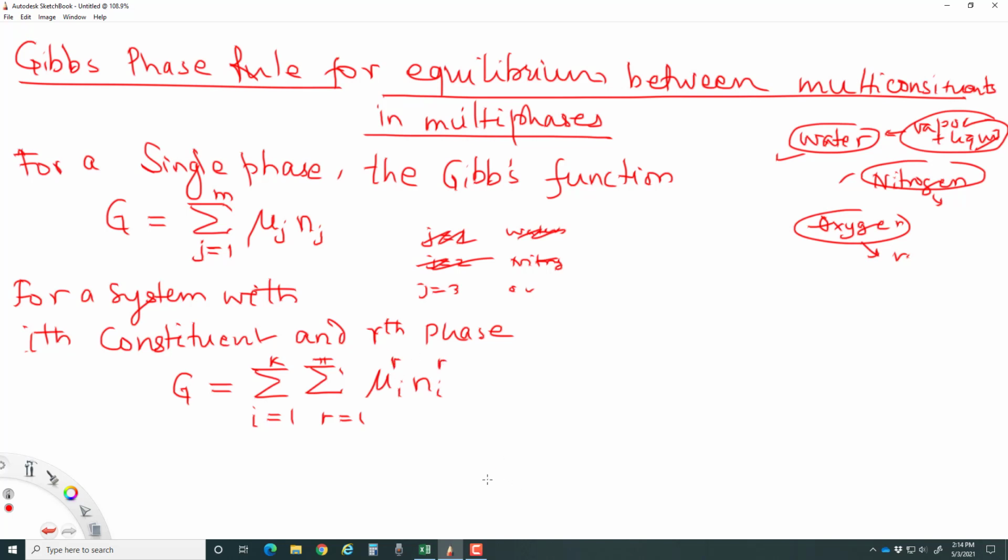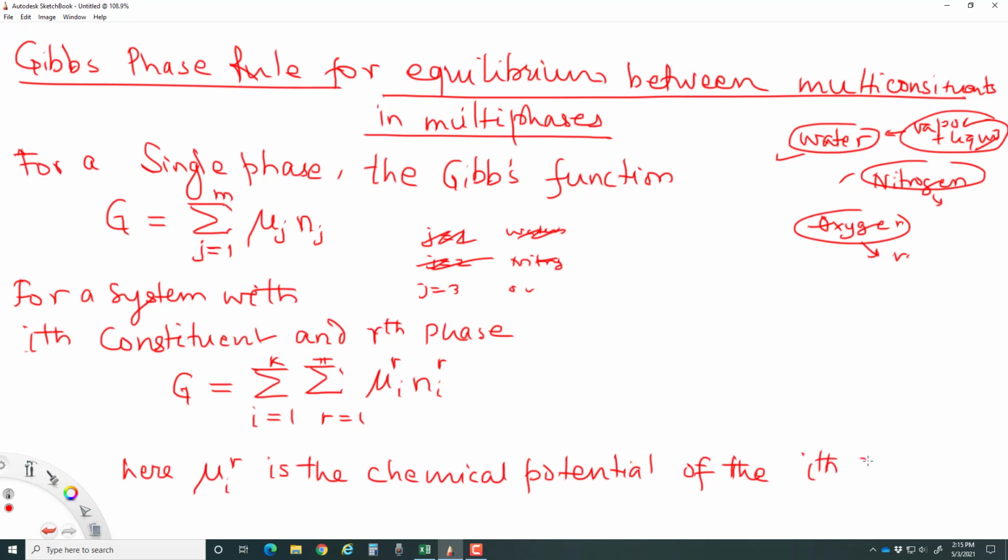So here mu i gamma is the chemical potential of the ith constituent which is in the gamma-th phase.